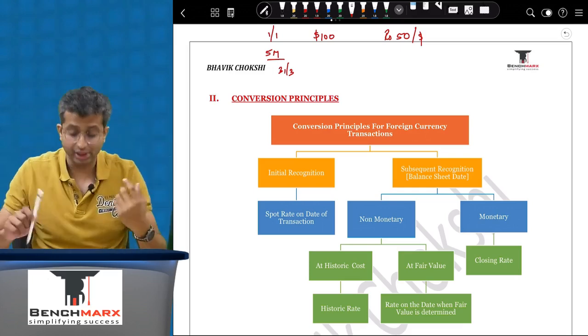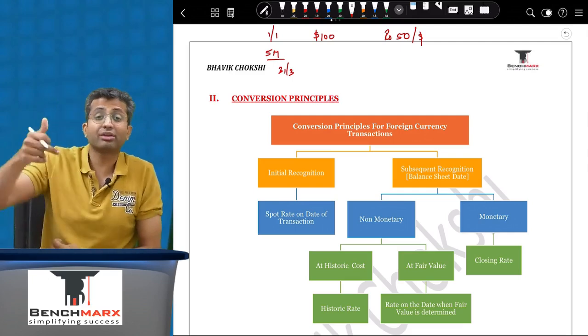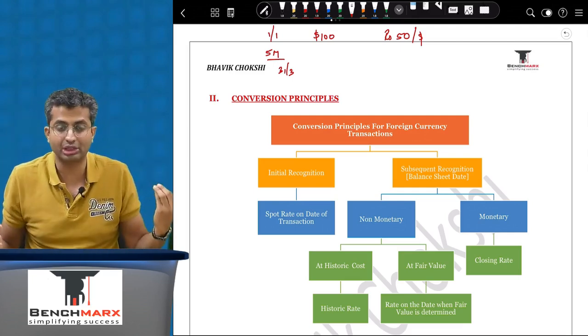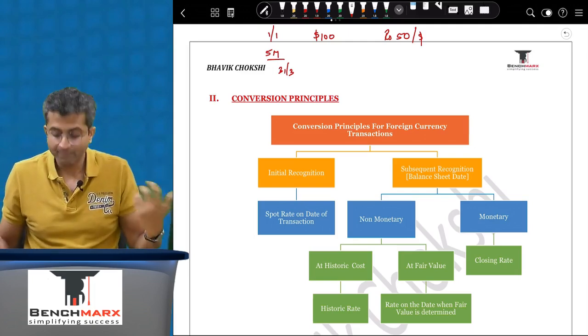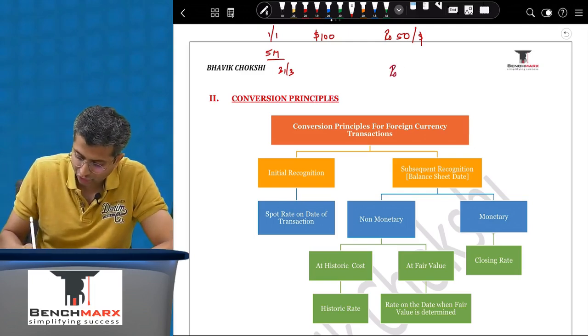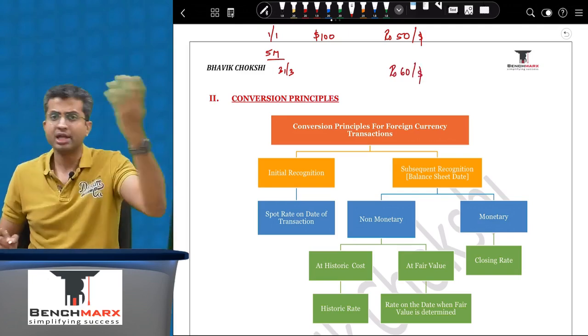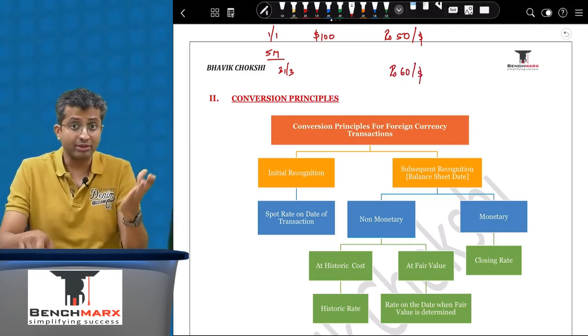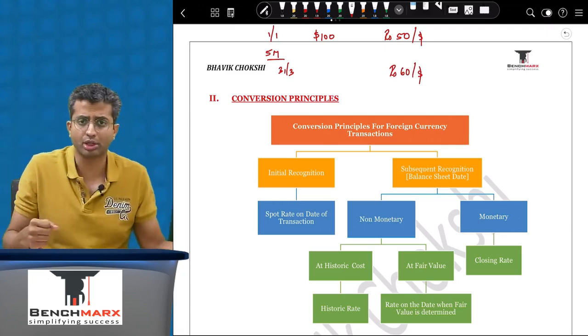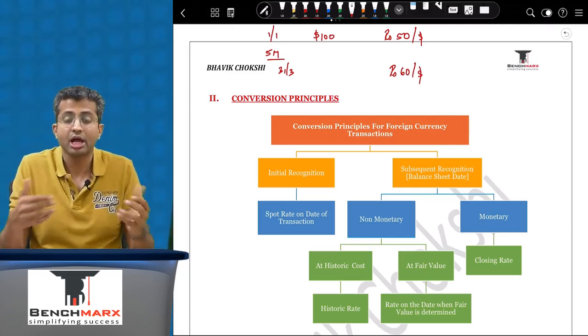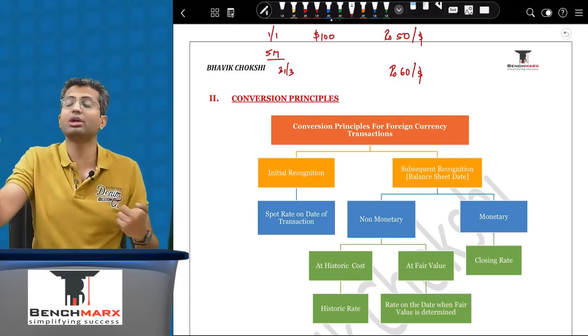However, in the balance sheet, you cannot say that debtors as on 31st March 11 are going to be worth $100 into rupees 50, and as a result we will have to look at the exchange rate. Let us say hypothetically the rate becomes 60 per dollar, which means you have to now first determine whether the debtors are monetary in nature or non-monetary. If they are monetary in nature, the standard says you have to convert them at the closing rate.